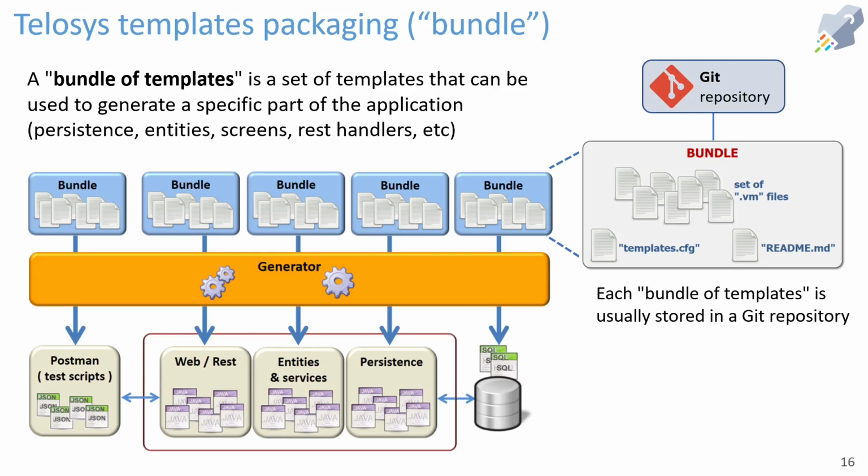For example, you can have one bundle for the REST API and another bundle for the domain objects or for the persistence or for the automated test and so on. Each bundle of templates is usually stored in a Git repository, and some examples of bundles are available on GitHub, and they can be installed automatically by Telosys.